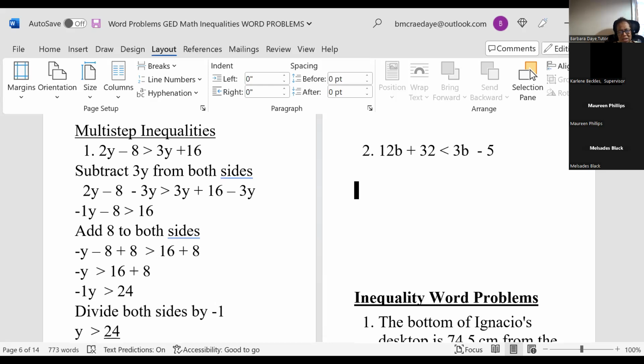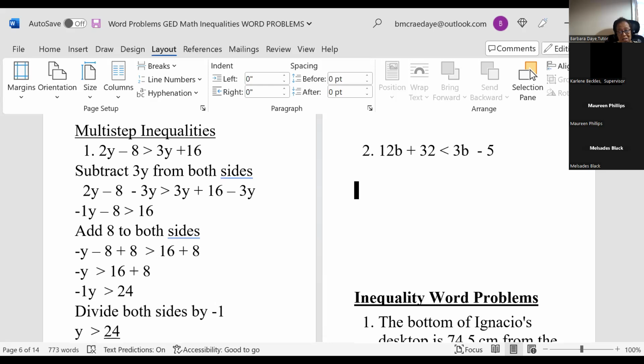So why are you subtracting 3? I don't see a 3. I see a 3B.